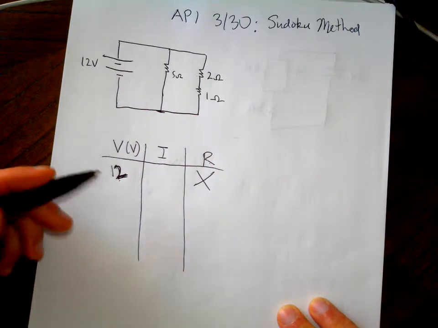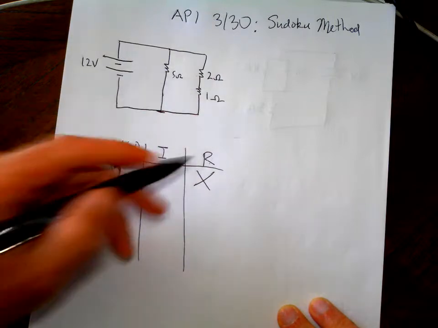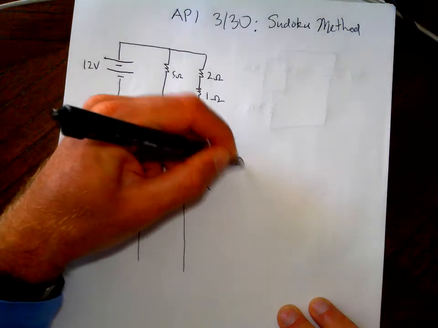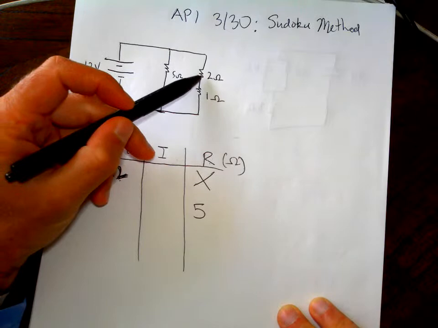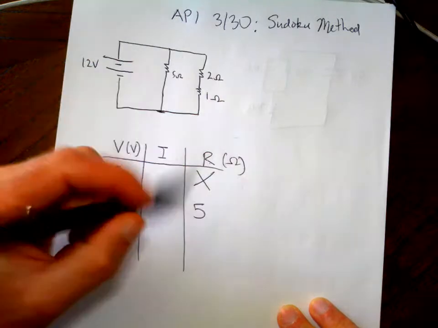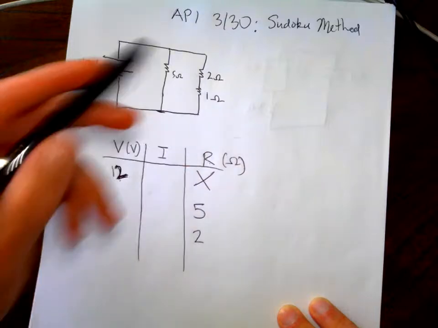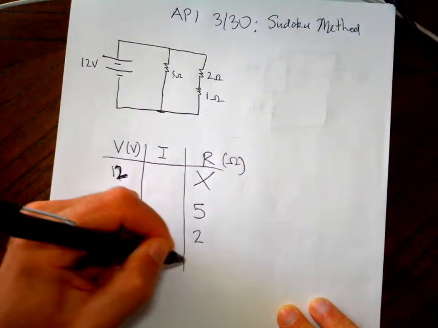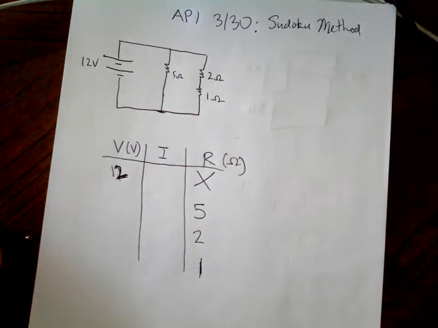And then I also have this 5 ohm resistor, this 2 ohm resistor, and this 1 ohm resistor. So there you go.